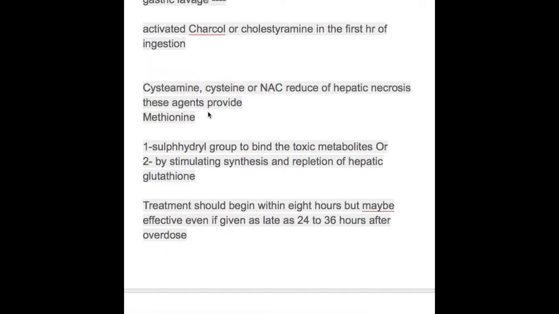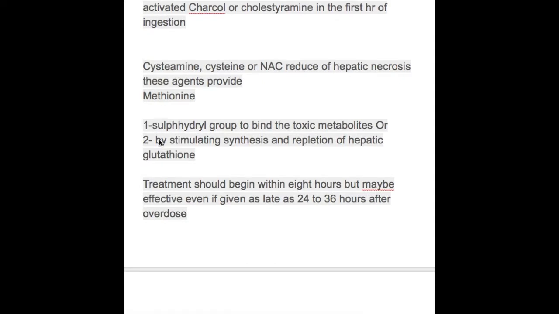They reduce the hepatic necrosis, and these agents provide a sulfhydryl group to bind the toxic metabolite. And number 2, they increase or stimulate the synthesis and repletion of hepatic glutathione. Methionine is also used as an alternate for N-acetylcysteine.